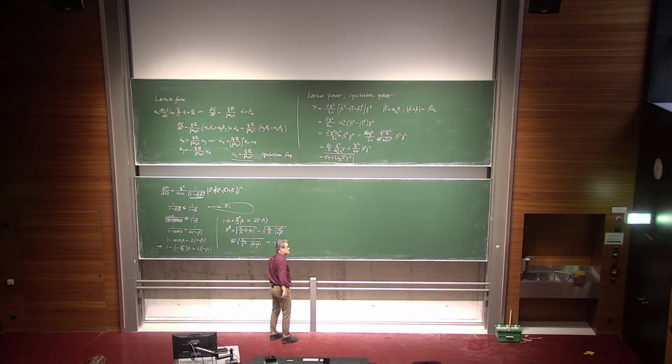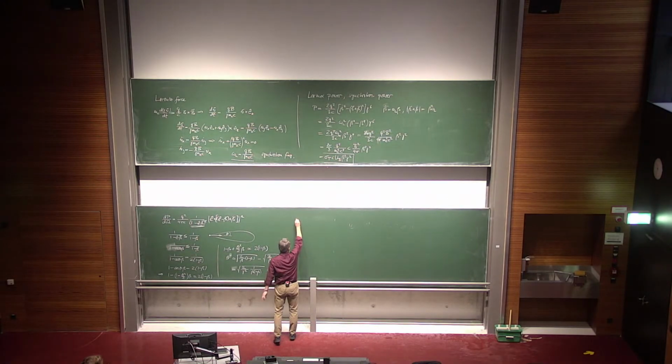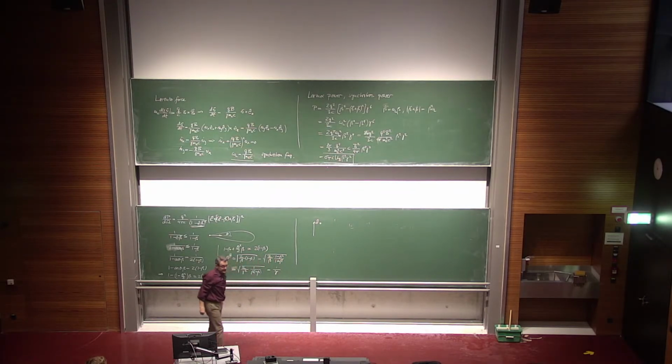Now let's have a look at the spectrum. What's it like? So in order to be specific, let's say here is Ez, that's the direction of the magnetic field. Now the electron is obviously going around in the xy plane. So let's say we are also in the xy plane, because otherwise we don't see anything.